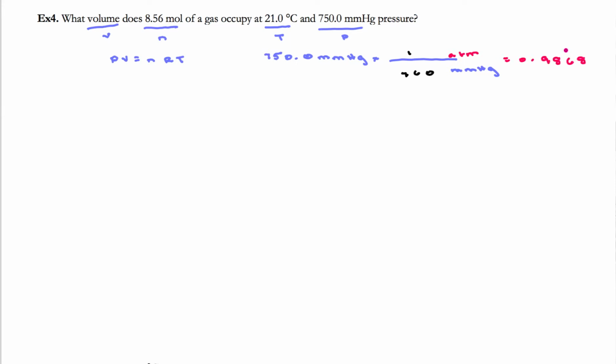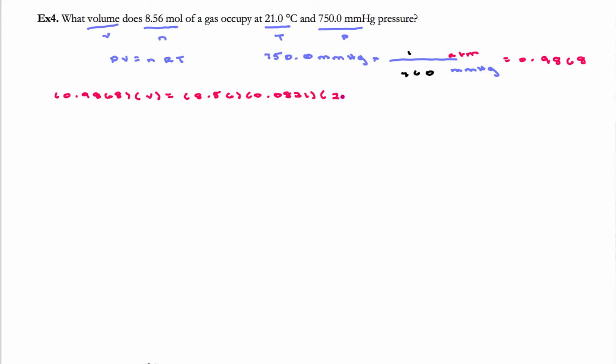Now I'm going to keep the unrounded value in my calculator and just plug that in when I'm actually doing my calculation, so I'm not over rounding. But since I don't want to write the whole thing out here, I will just round this. Okay, my volume is what I'm solving for. That equals my number of moles, which is 8.56, times my R, which is 0.0821. And then my temperature is 21 degrees Celsius, so I need to add 273 to that to get that into Kelvin.